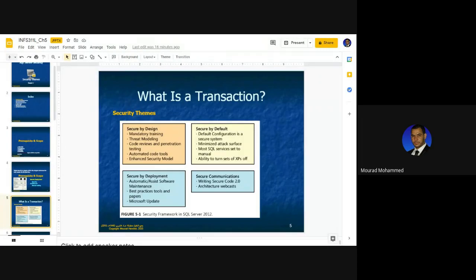The first one, just to bring you a small definition: secure by design means there has been a consideration of all the distributions that the SQL Server is working with. Whatever the security solutions or implementations, all that has been imposed as security settings has to be spread amongst all the distributions.